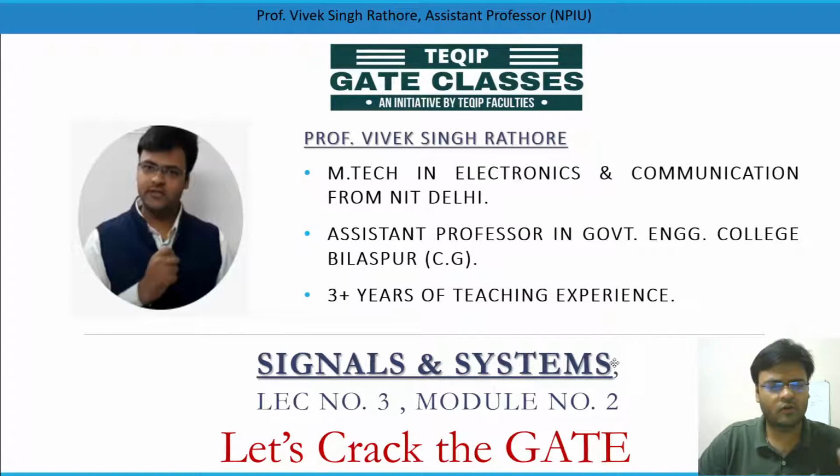We have seen almost 4 methods: mathematically, graphically, and then through the multiplication and tabulation methods. Now, after seeing this, we will see how to calculate the output response in continuous LTI systems. So let's get started.